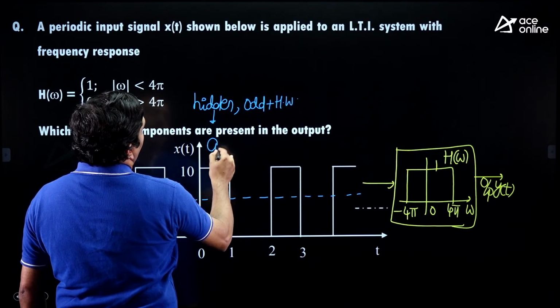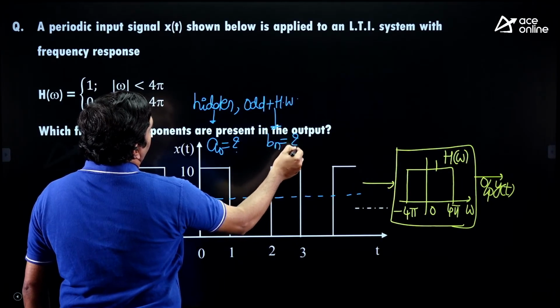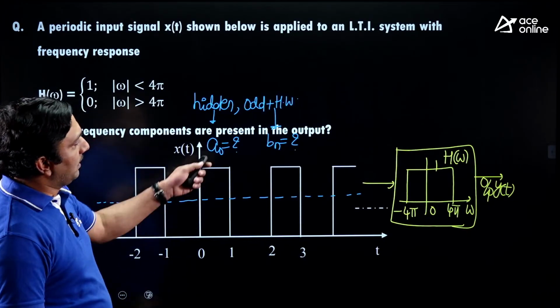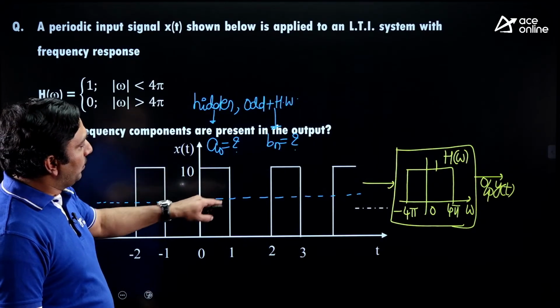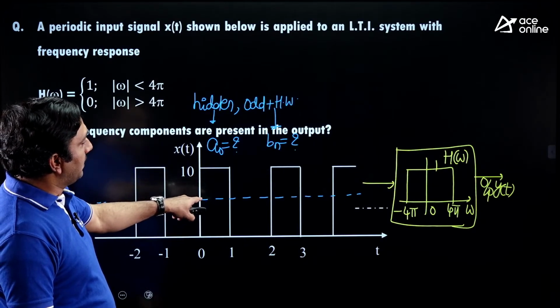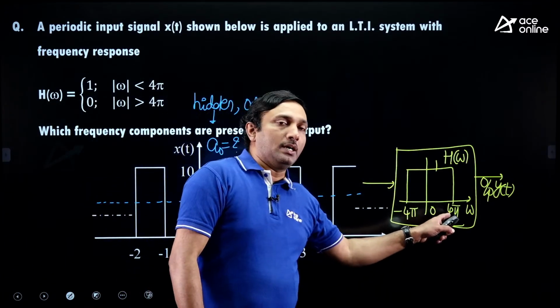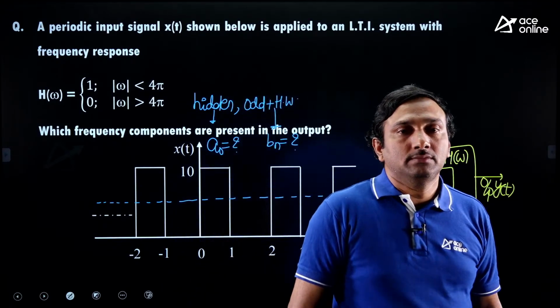So our job is calculation of A0 as well as Bn. If you calculate the DC value and Bn, the trigonometric coefficients, we are in a position to know which frequency components of the input are passed through that filter. What is the cutoff for the filter? Cutoff frequency is given as 4 pi. So make a try.